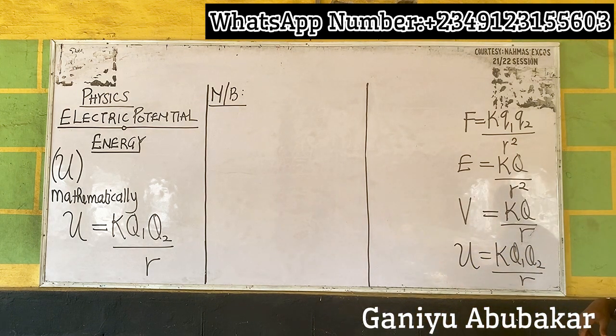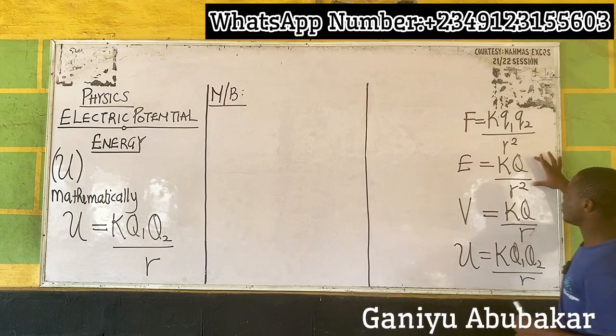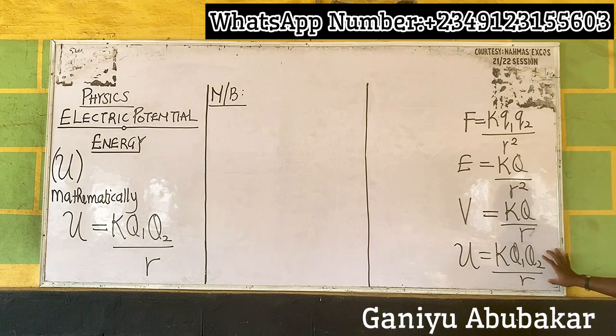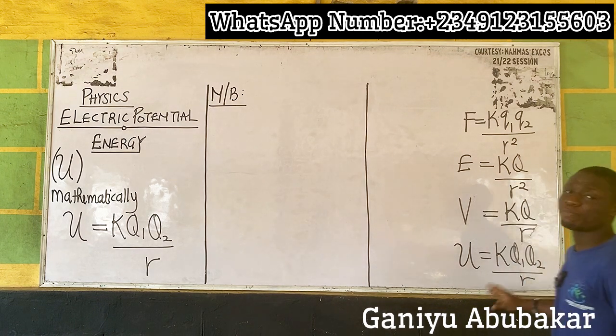Electric field intensity and electric potential energy are related by the equation.